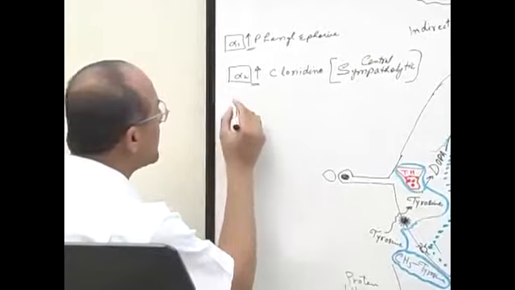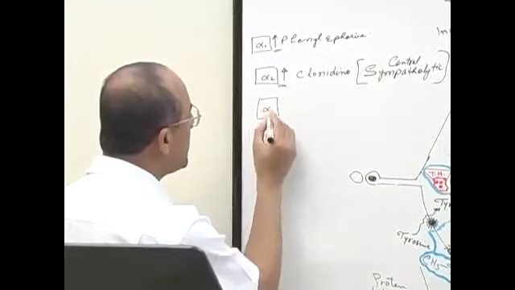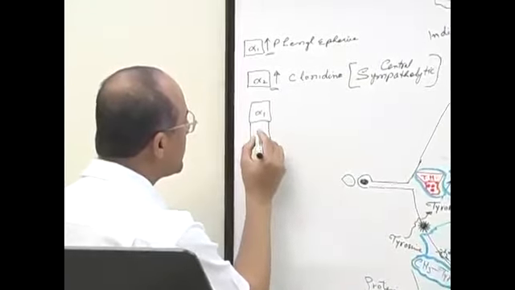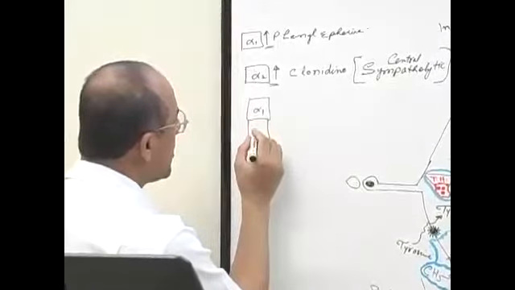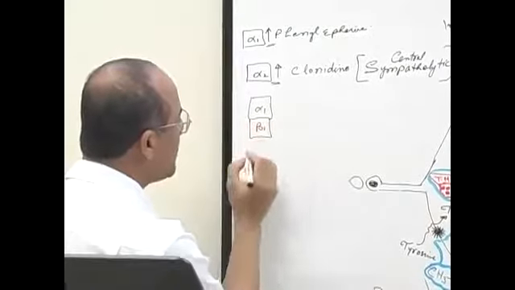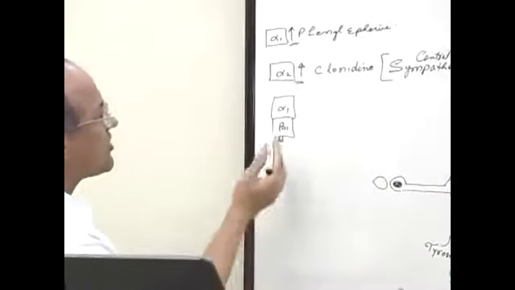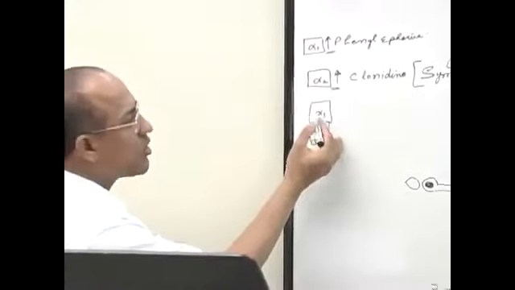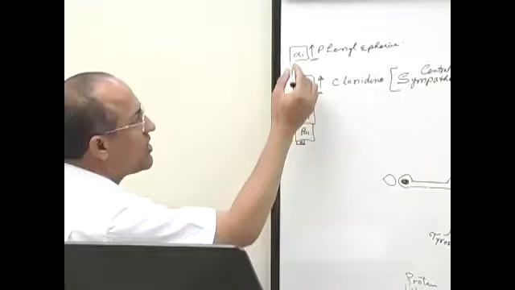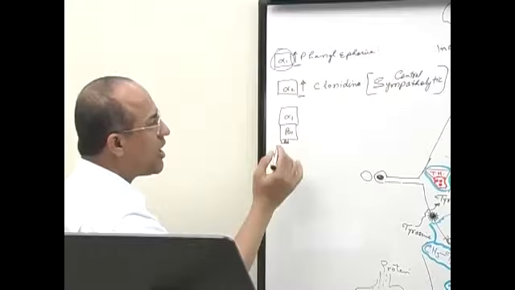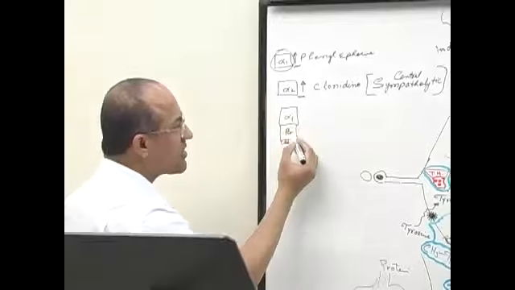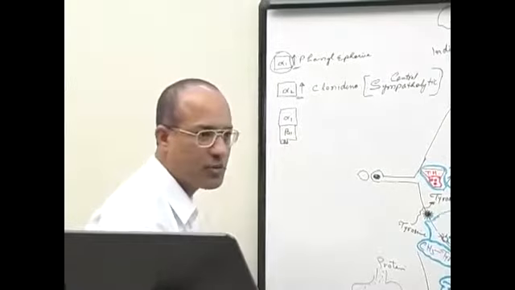Then we come to a drug which can stimulate alpha-1 and also beta-1, but has very little action on beta-2. What is this drug? The first drug had action only on alpha-1, phenylephrine. Now we have a drug which has alpha-1 action and beta-1 action, but not beta-2.